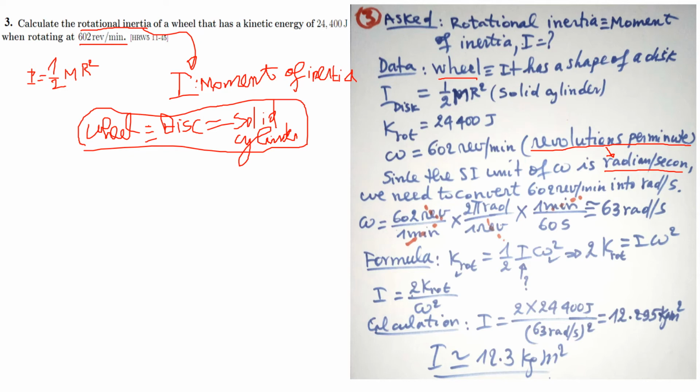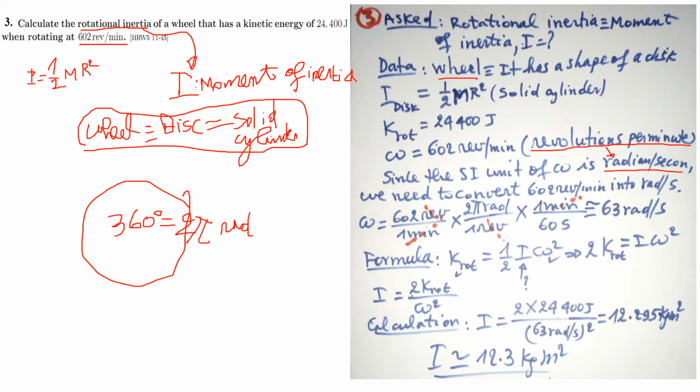Then 1 revolution is equal to 2 pi radians, because once you have a circular motion, an angle around a circle is 360 degrees, and these 360 degrees are equal to an angle of 2 pi radians. If a body makes a complete revolution, it means that the body makes a complete circle.